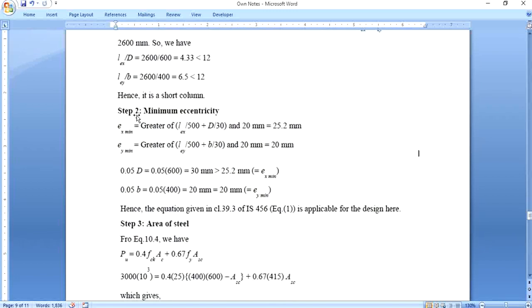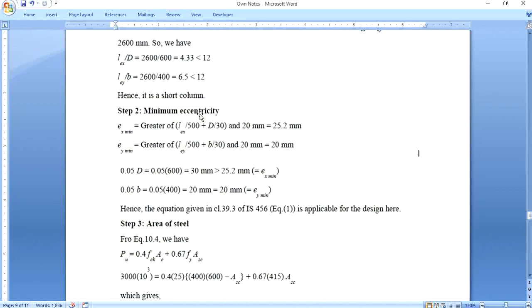Next you can see step number 2, minimum eccentricity. We have to consider the minimum eccentricity while designing. So e minimum, the eccentricity in x direction, is the greater of LEX divided by 500 plus D divided by 30, and 20 mm. LEX is 2600 divided by 500 plus D, 600 divided by 30, which gives 25.2, and 20 mm.